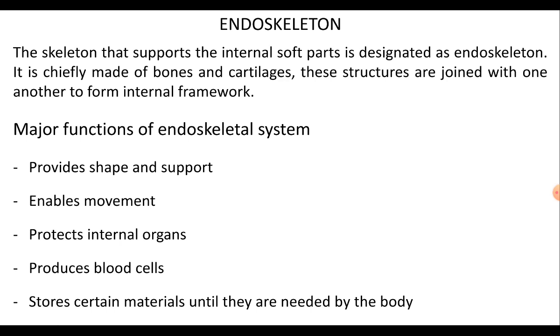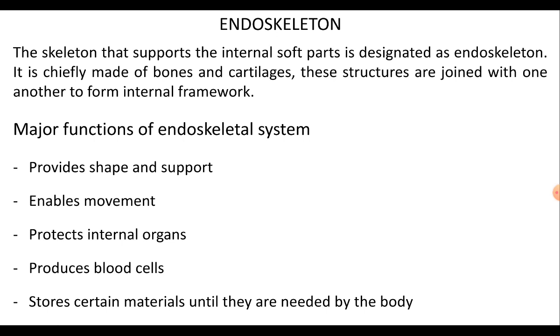The major functions of the endoskeletal system in the body are: it provides the proper shape to the body as well as it supports the body. It enables the body movement. It also protects the internal body organs.